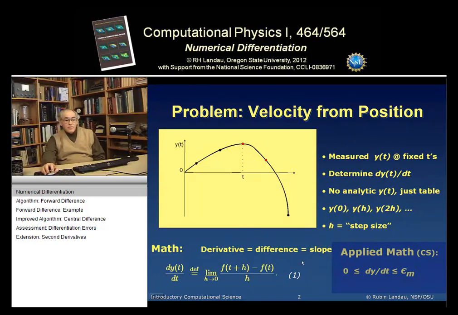So the mathematical definition of derivative, equation 1 here, says, by definition, the derivative of some function y as a function of t is defined to be the difference in that function at a slightly larger time minus the function at the present time, t, divided by the difference, h. And then we take the limit as h goes to 0. So the calculus aspect of derivative is that we're taking a limit as time differences go infinitesimally small. That's fine. That's the mathematical definition. You can't beat that. What happens if we do applied math, if we actually try to evaluate the derivative in equation 1 here on the computer?